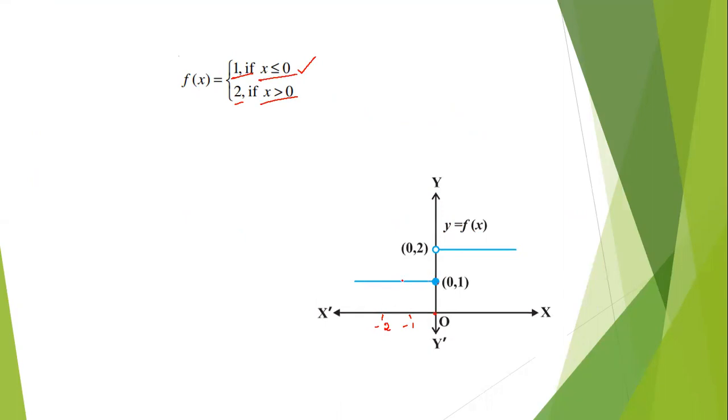So, if you mark here, you will get a straight line. And it's given for positive values. That is for x greater than 0, the function value is 2. So, for all the positive values, the function value is 2. So 0 here is not included, so I'm just putting one hole here. So here 0 is included.